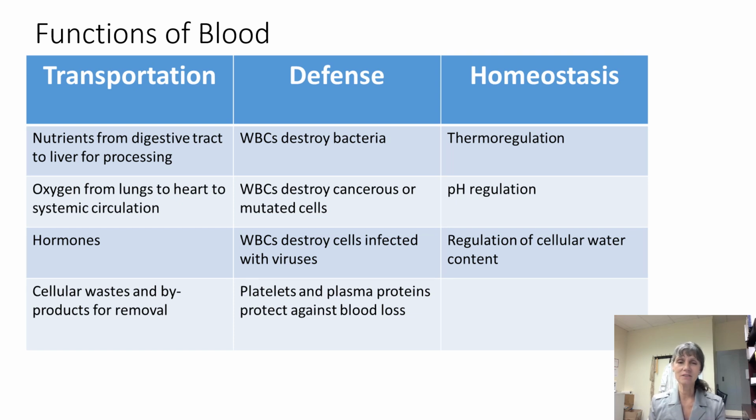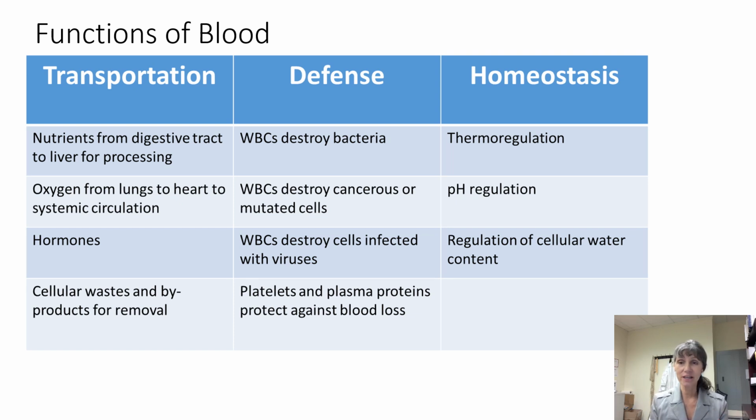Oxygen coming from the lungs to the heart will also go through systemic circulation to deliver oxygen to cells throughout the body. And not only do we have nutrients coming in, but cellular waste and byproducts have to circulate through the body in order to be removed by the lungs when we breathe out carbon dioxide or through the urinary system.